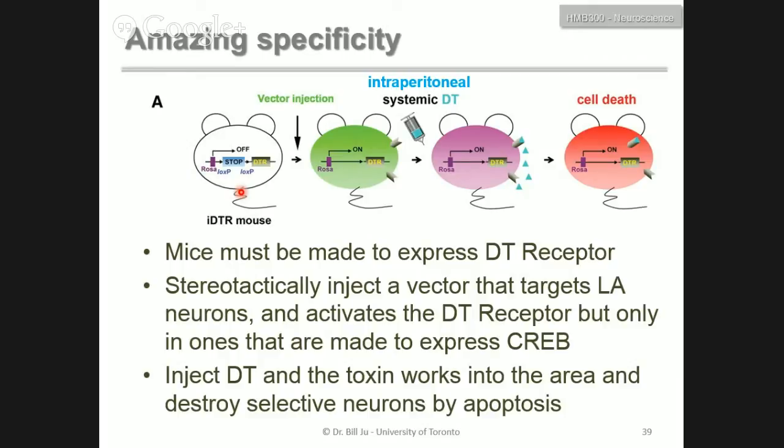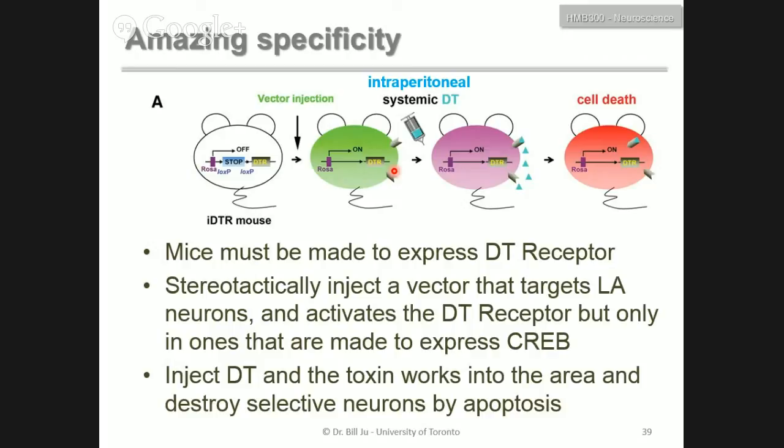If they're in the same orientation as you see here, the arrows, the little triangles in front of and behind the stop codon, actually show that they're going to remove this stop codon in the presence of Cre recombinase. If the stop codon is removed, then you will express diphtheria toxin receptor. Okay? Yes? Good. Is that a problem for the mouse?